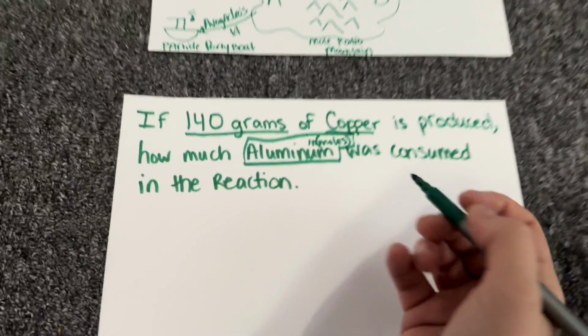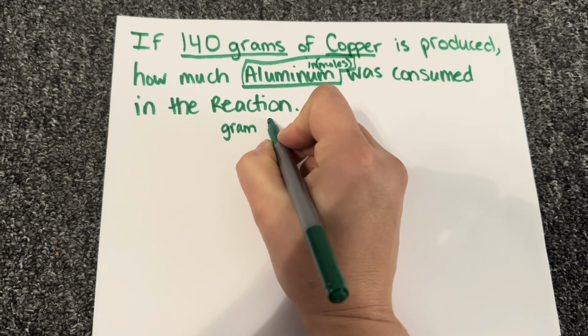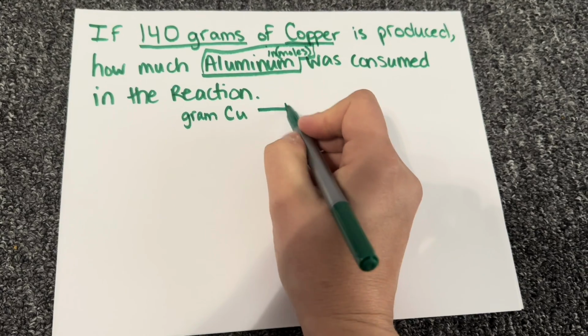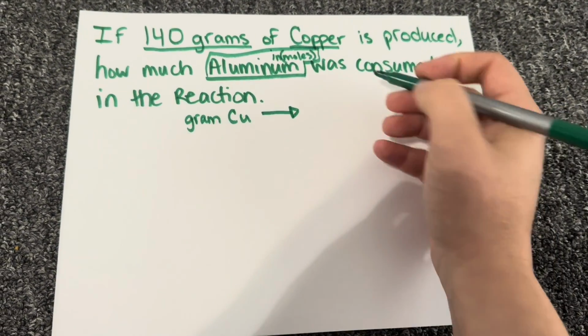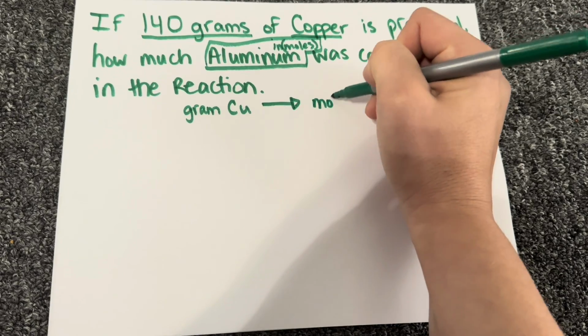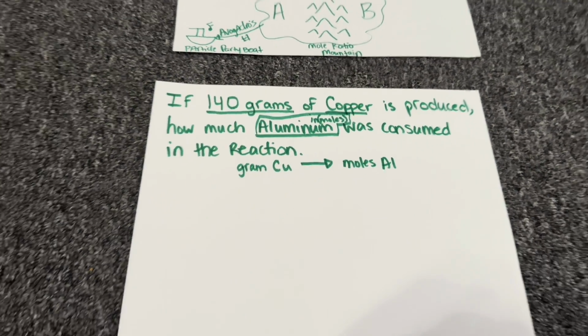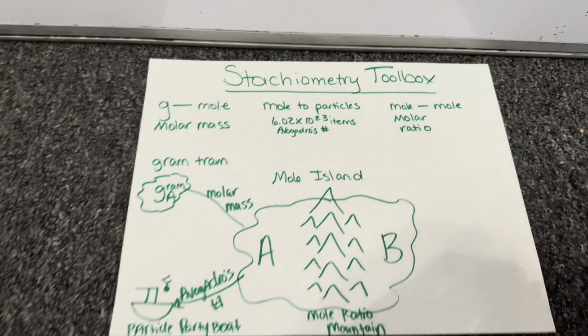So let's write a roadmap. I am given information in grams of copper, and I want to convert that, at the end, sorry, not initially, into moles of aluminum. So let's break this down. Do I have any tool in my toolkit that allows me to go directly from grams of one thing into moles of another thing?